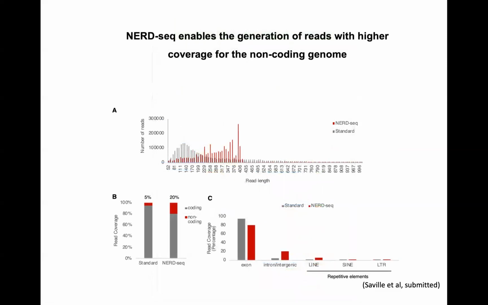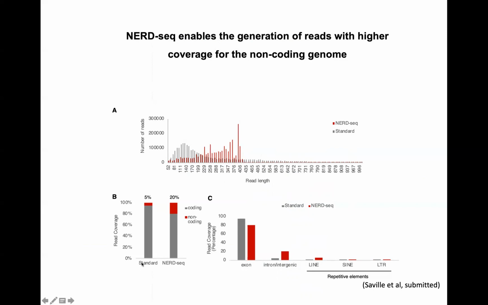And here are our results. You can see in gray the distribution of reads from the standard RNA approach, and in red the distribution from the NERD-seq. One first finding here, which is something that we would expect, is that we have an enrichment of shorter fragments around position 350.